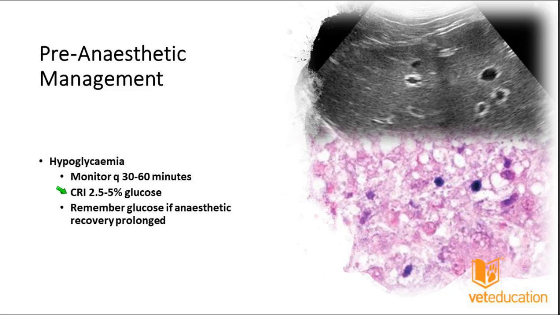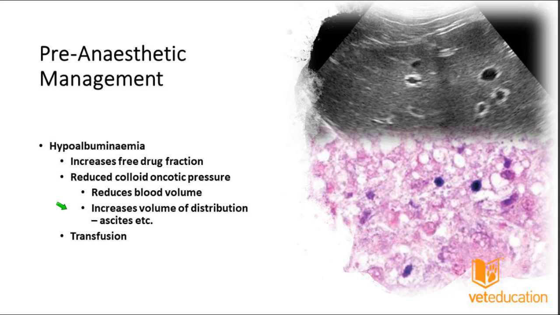You need to have prepared a solution of 2.5% to 5% glucose as a continuous infusion in patients, particularly if their glucose is hovering at the lower end of normal. Just remember to measure your glucose if anesthetic recovery is prolonged, or if you have an unexplained increase in depth of anesthesia when nothing else has changed. Check the glucose concentration in your patients.